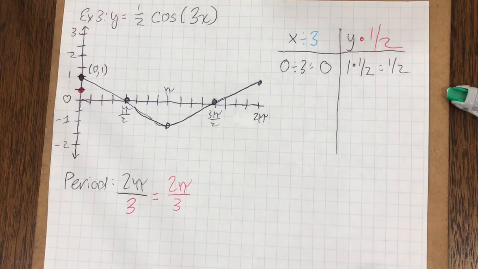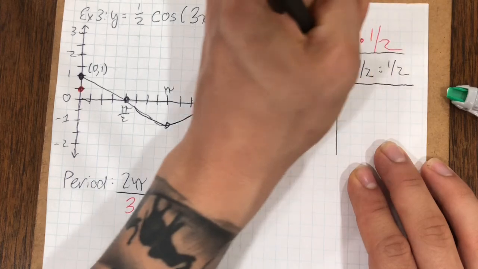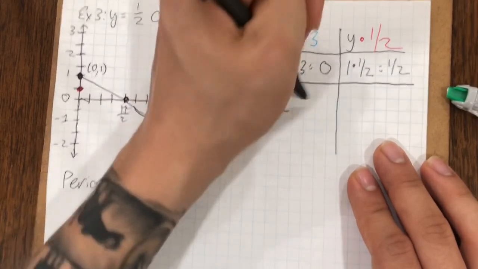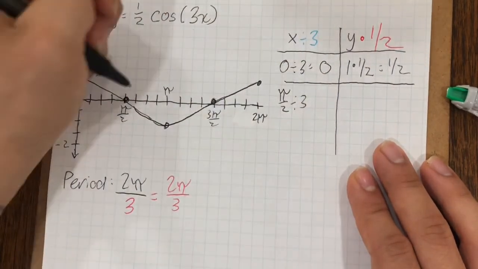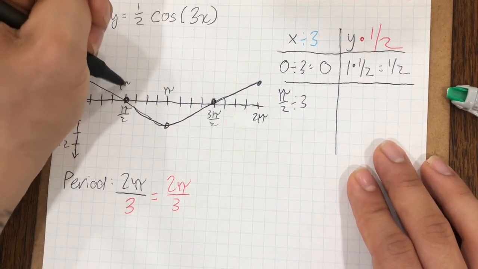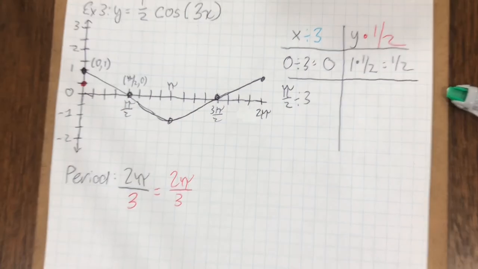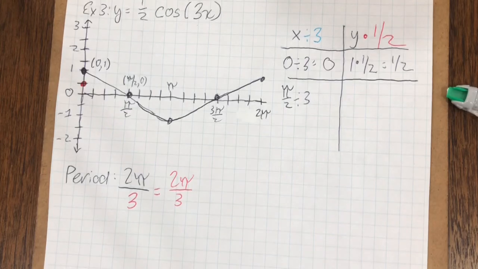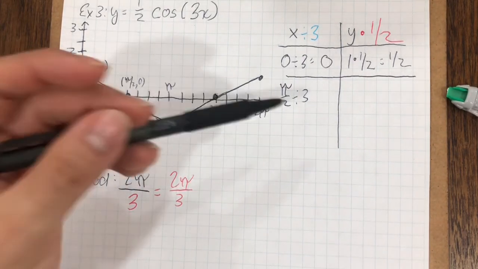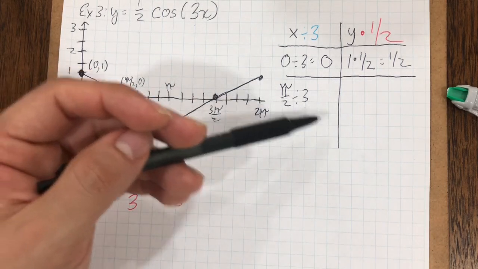So then now I have pi over 2, 0. So I have pi over 2, and I divide by 3. So let me go ahead and write this point. We have pi over 2, 0. And then we're going to take pi over 2 and divide it by 3. So this is where I have a fraction divided by a whole number.